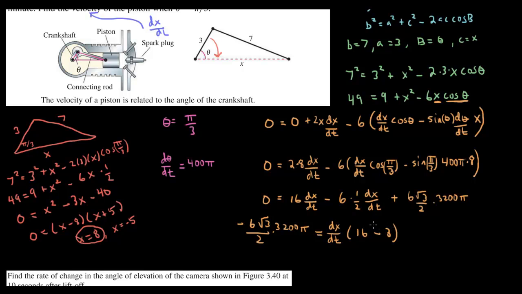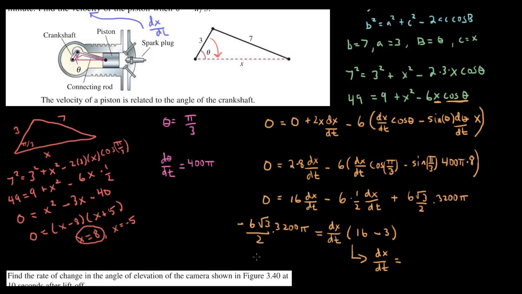Okay. And so I'm dividing both sides by what? I'm dividing both sides by 13. In an effort to save a little bit of space here, I'm going to say that dx/dt equals, all right, so I'm going to divide this side by 13.